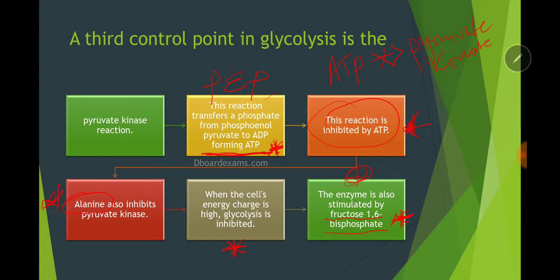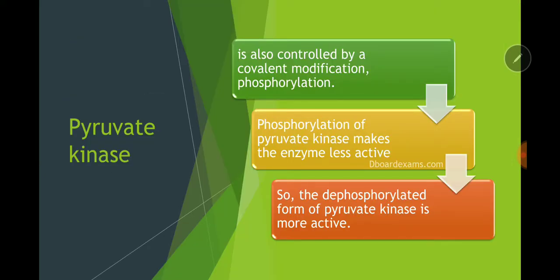Stimulated, not inhibited. So the fructose 1,6 bisphosphate stimulates PK, pyruvate kinase. But ATP and alanine inhibit pyruvate kinase. So keep those things in mind.